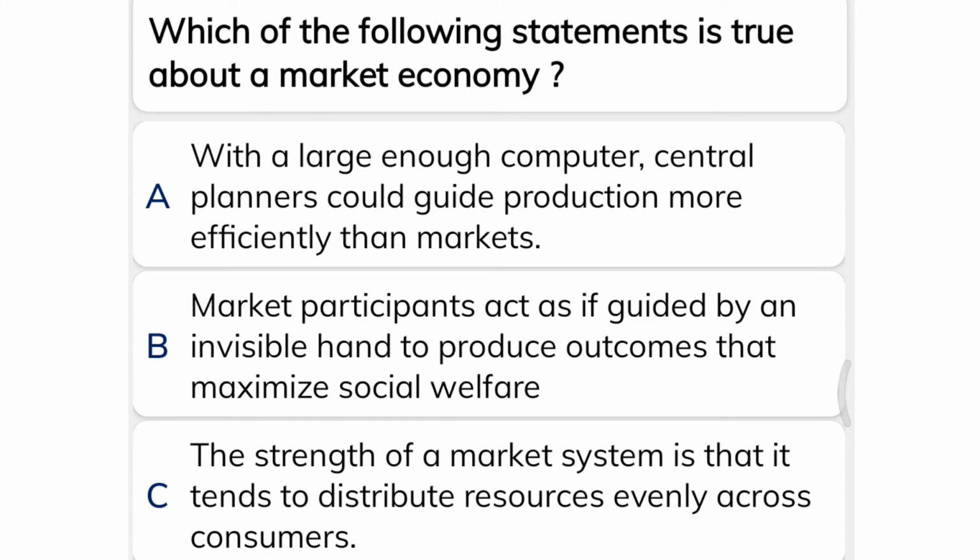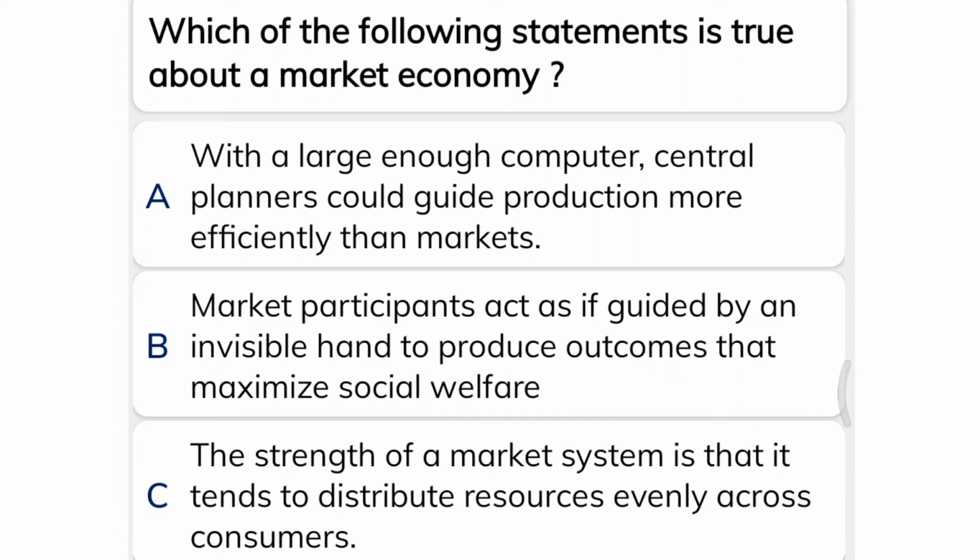Which of the following statements is true about the market economy? Option A, with a large enough computer, central planners could guide production more efficiently than markets. Option B, market participants act as if guided by an invisible hand to produce outcomes that maximize social welfare.